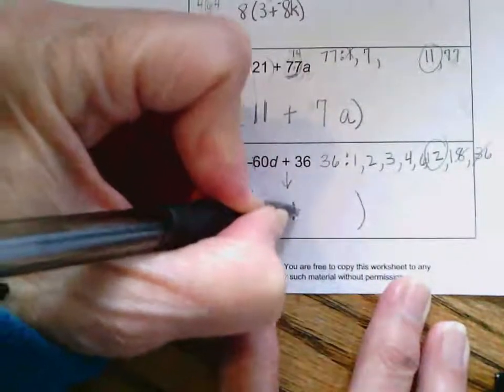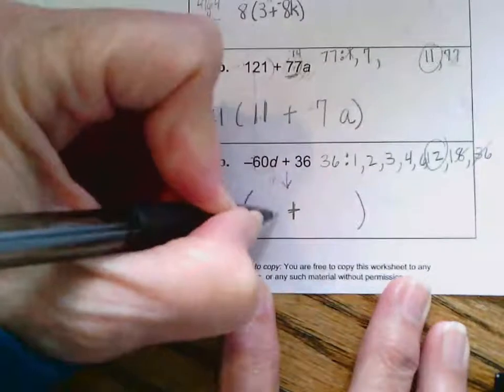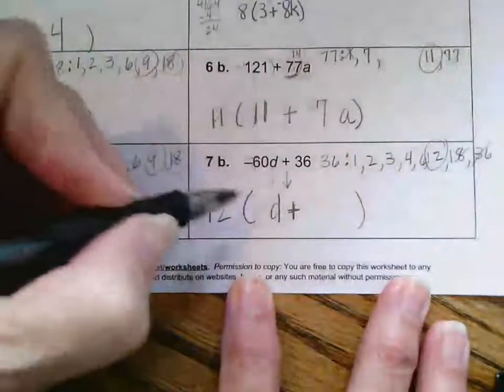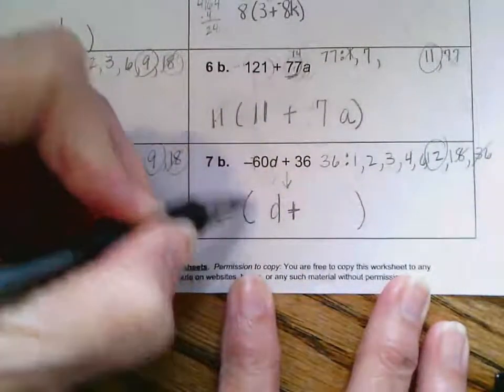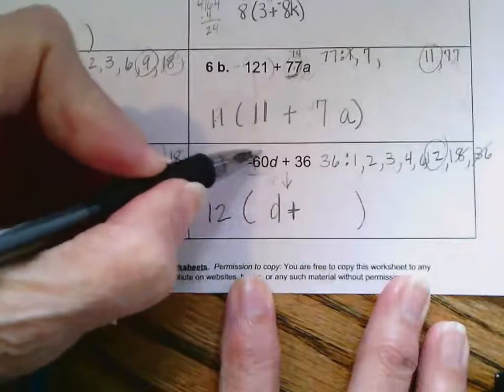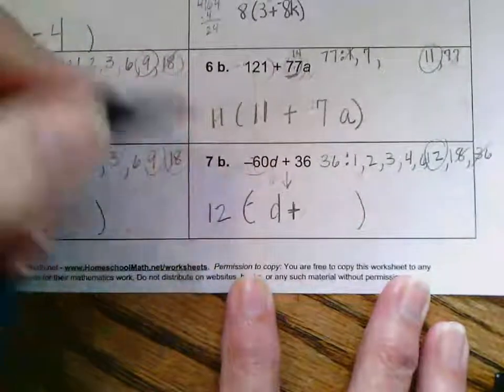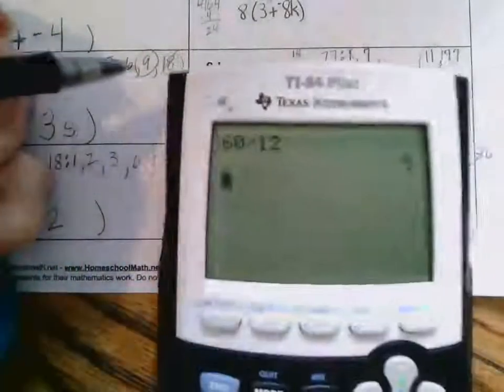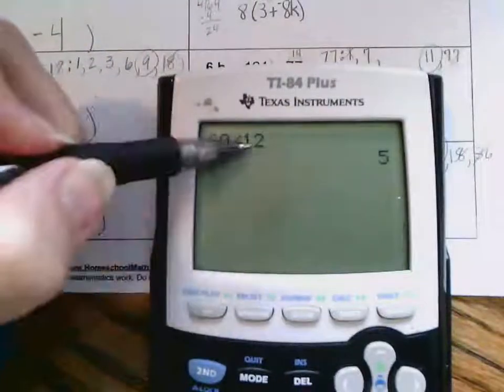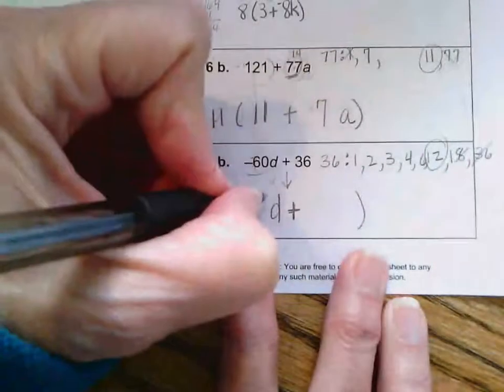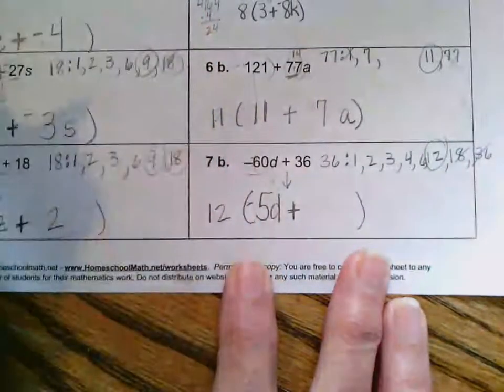Bring down my plus sign, bring down my variable. 12 times what gives me negative 60? Well, positive times a negative is a negative. So when I look back at my calculator, it's 12 times 5. So I'm going to put a 5 in there.